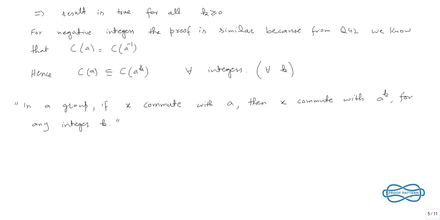Now we have to check whether the converse of the statement is true. We have discussed many times that to prove a result we have to prove the general case, but to disprove a result we just need a single counterexample.